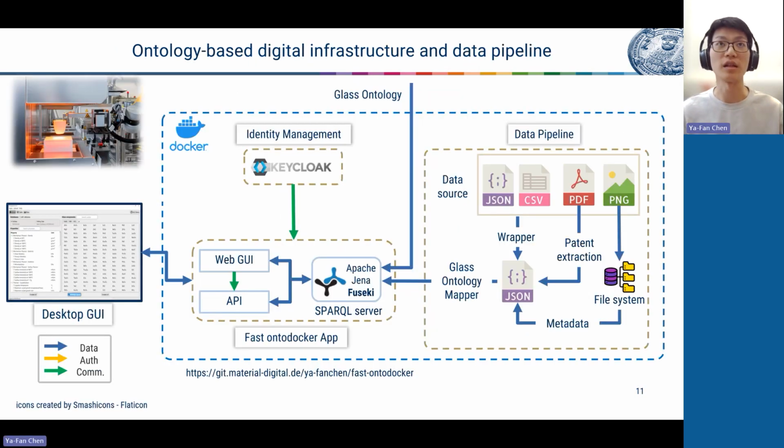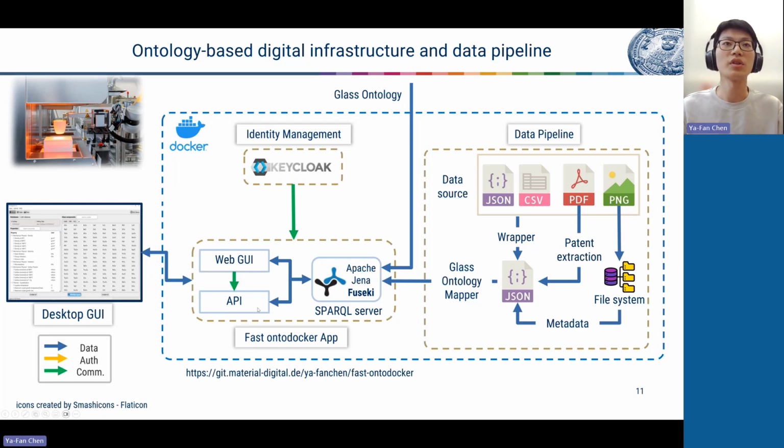And here's an outlook for the digital infrastructure and data pipeline. The whole application is within Docker, installed on the server in Vienna. Here you see we're using an open source identity management software, Keycloak, to protect the application from unauthorized users.